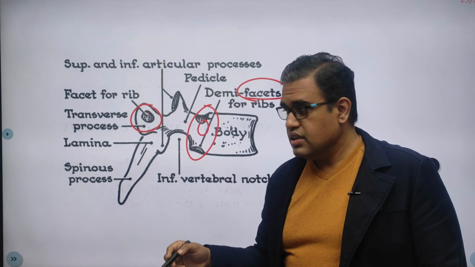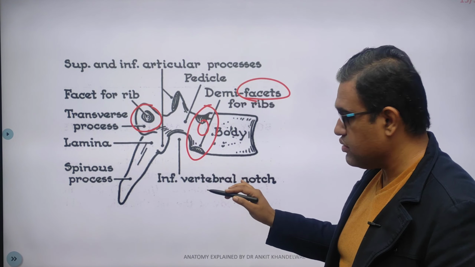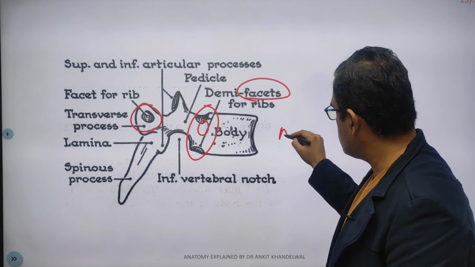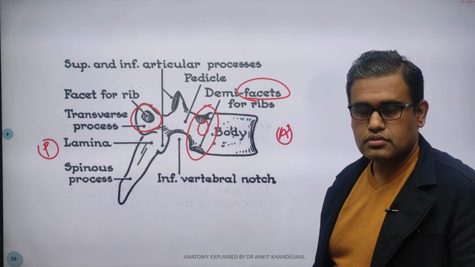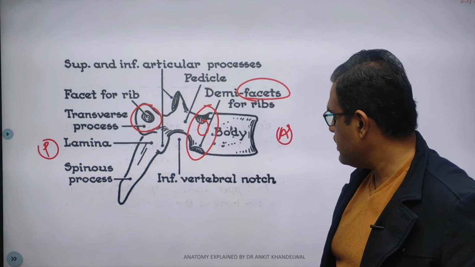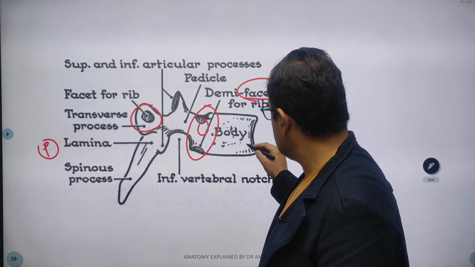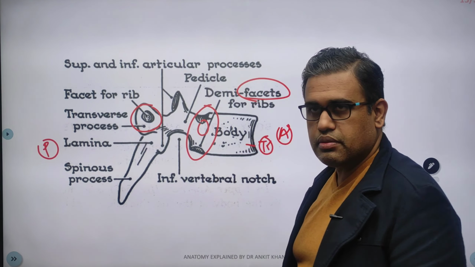Now they are forming joints. Which joints? See, this is the body, that is the spine. Thoracic vertebra, that has to be anterior, that has to be posterior, right? I'm just trying to show you how the ribs are attached over here. So imagine this is T5, the 5th thoracic vertebra.